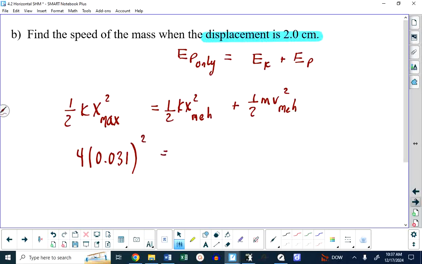Squared equals K, which is 4, times the displacement at this point in between the two extremes, squared, plus the mass, which we found to be 0.061504, times v squared.